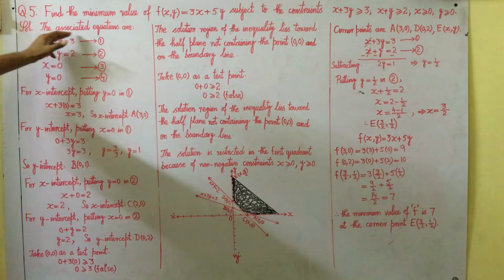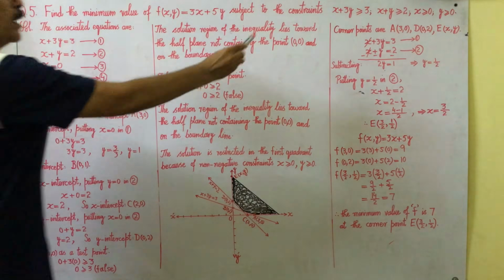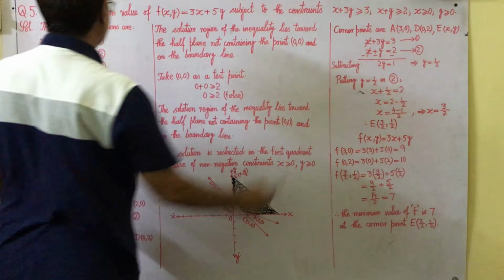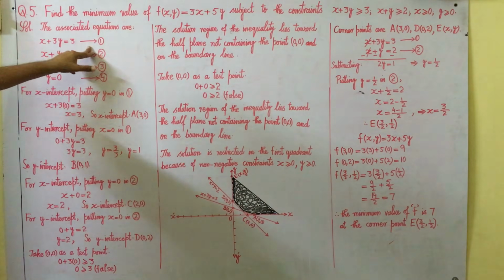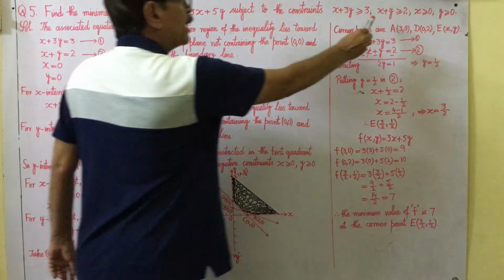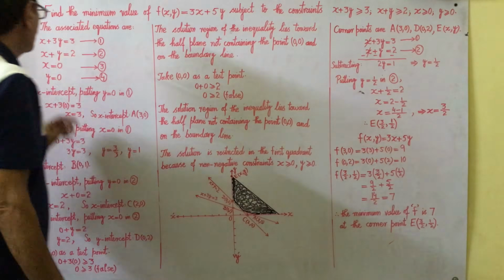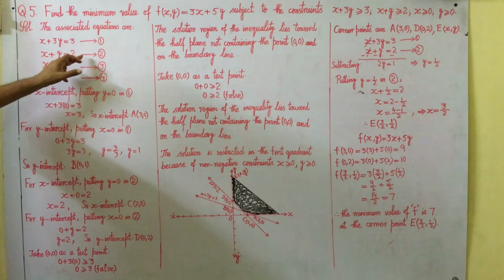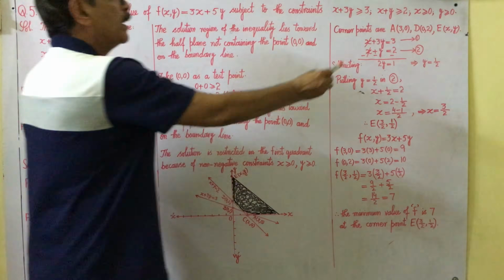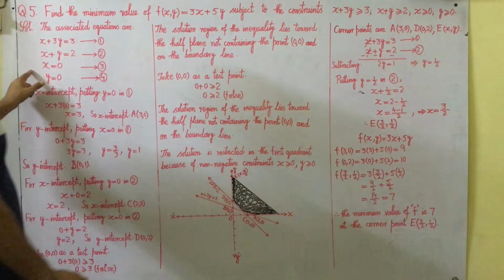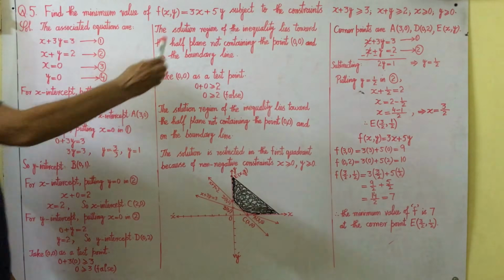Solution. The associated equations are x + 3y = 3, equation 1, x + y = 2, equation 2, x = 0, equation 3, y = 0, equation 4.